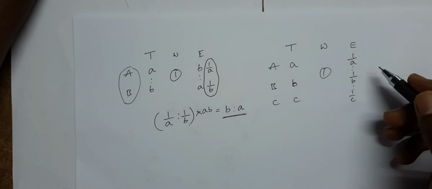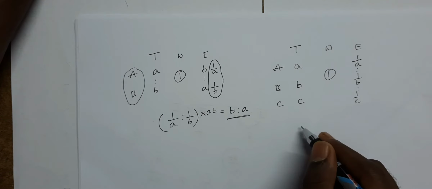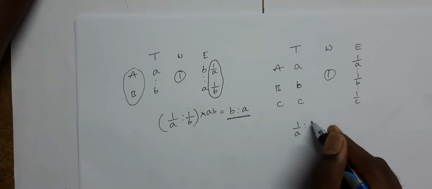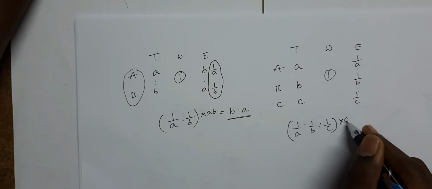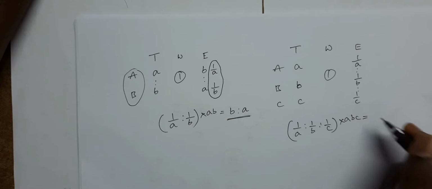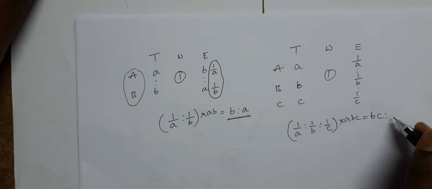Okay, but if you still want to make the fractions into simple numbers, then you can do it in the same way, multiplying by ABC, so that you get BC is to AC is to AB.